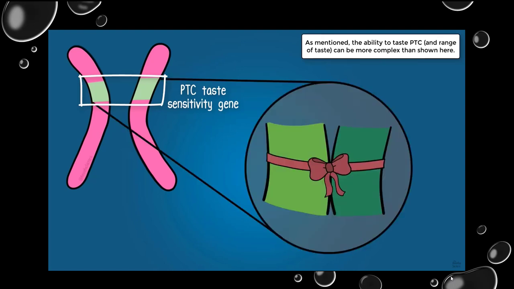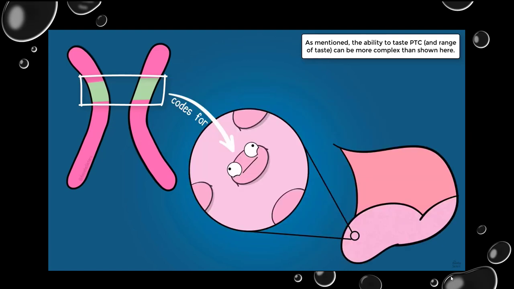Together, the two alleles you inherit, the forms of that gene, determine the trait of tasting PTC or the trait of not tasting PTC. That gene is involved with coding for taste receptors on your tongue, and the receptors you have can make a difference for whether you taste PTC or not.